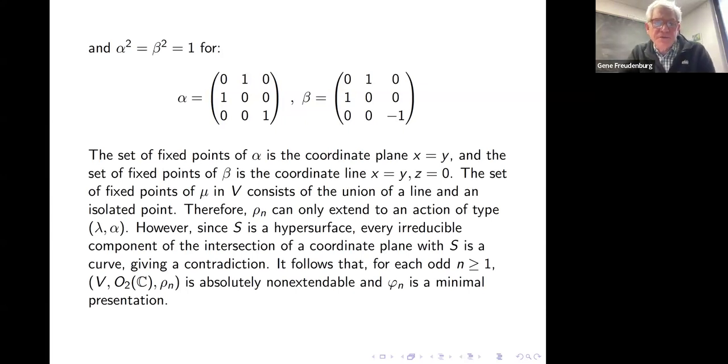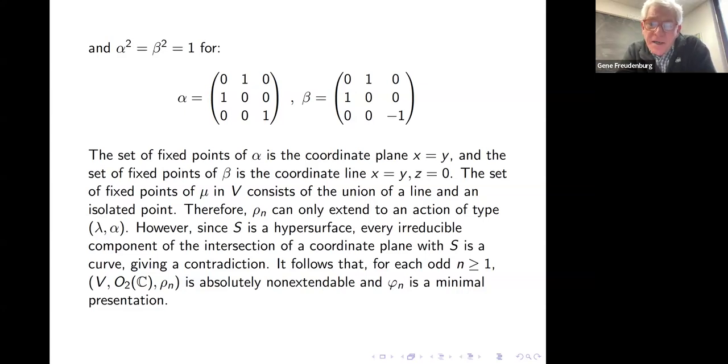The set of fixed points for the involution mu on our surface consists of the union of a line and an isolated point, so it's a little bit strange. Therefore, rho n can only extend to an action of the first type, lambda alpha. However, since S is a hypersurface, every irreducible component of the intersection of any coordinate plane with S is a curve, thus giving a contradiction. You can't get an isolated fixed point that way.